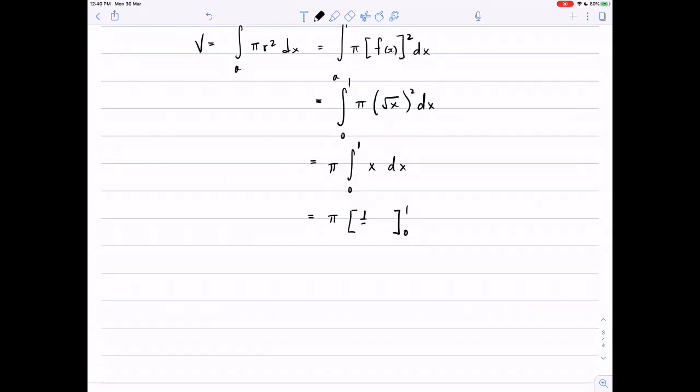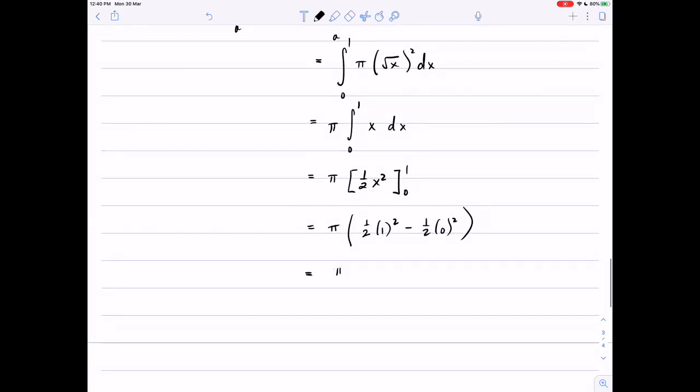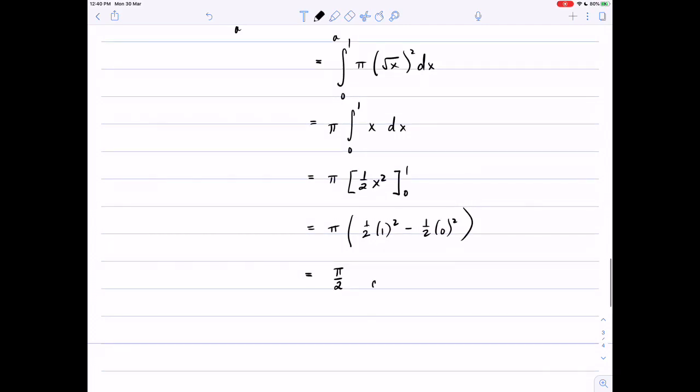The antiderivative I'm looking for is 1/2 x squared, so pi times, evaluated at the top, 1/2 times 1 squared, minus evaluated at the bottom, 1/2 times 0 squared. A nice, easy, simple calculation that gives me pi over 2. And this is a volume, so that is in cubic units.